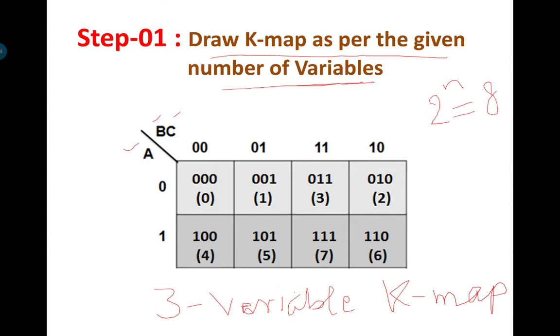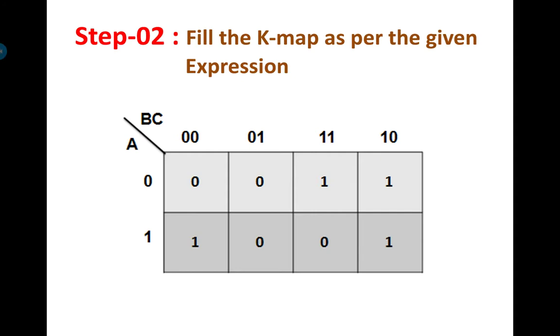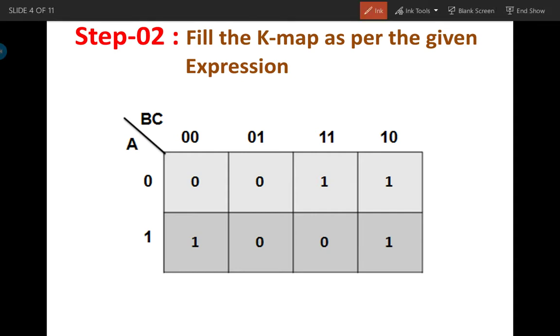After drawing the K-map, the next step is to fill the K-map as per the given expression. We are given the summation of min terms 2, 3, 4 and 6. This cell represents the min term 2, so 1 is entered here.